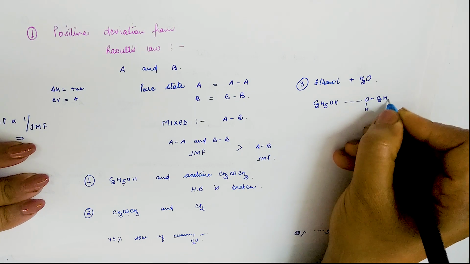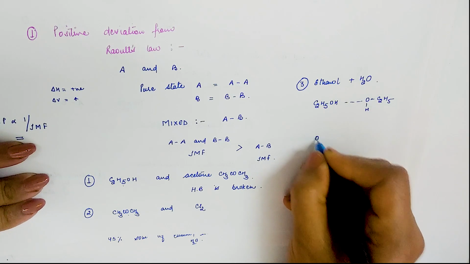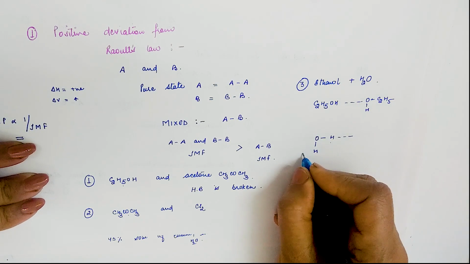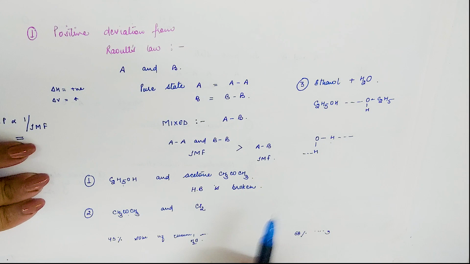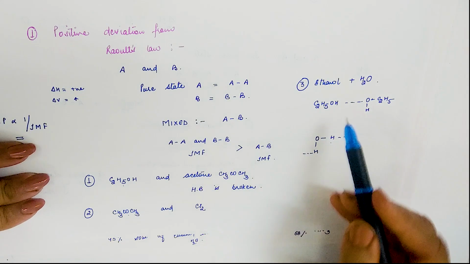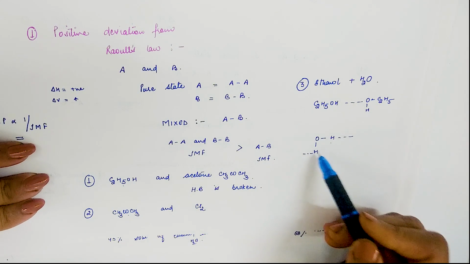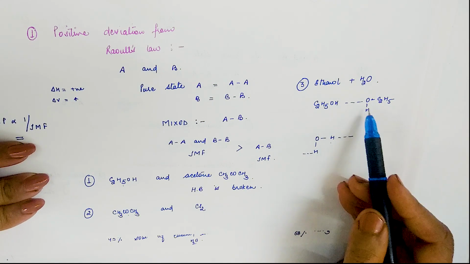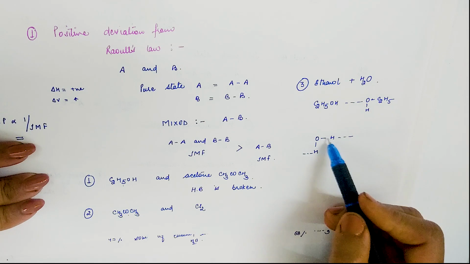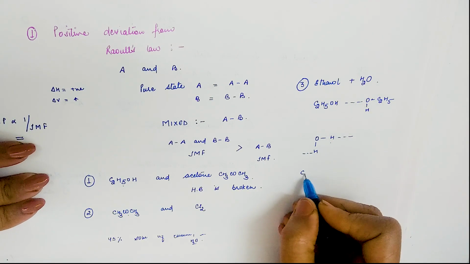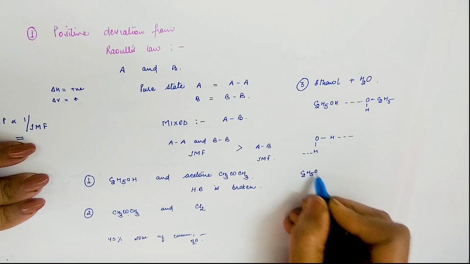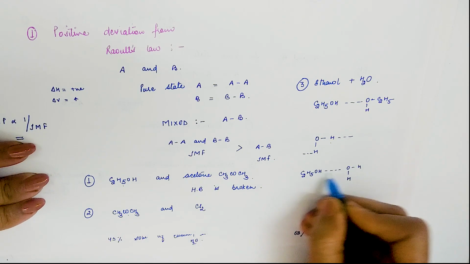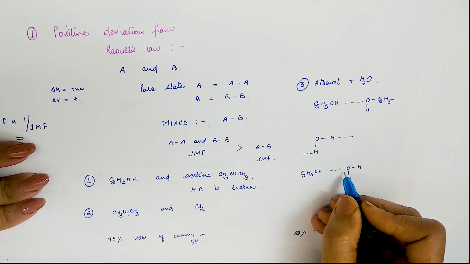Now when I talk about water, the water hydrogen bond is this way. This also can form and this hydrogen can also form. Now why is it a positive deviation? When you added ethanol to water, water had double hydrogen bonding, and ethanol has single. When you added it to water, it will form which type of hydrogen bonding? C2H5OH---OH and H, because it can form only one hydrogen bond with the water.